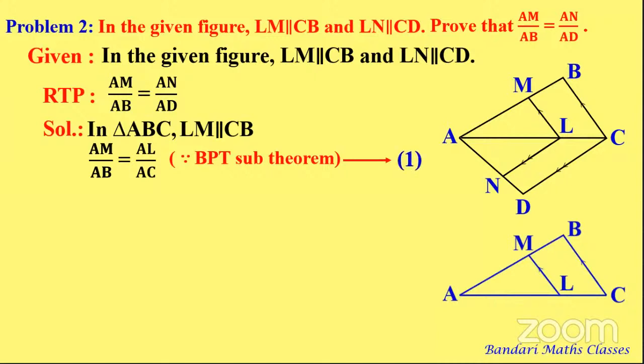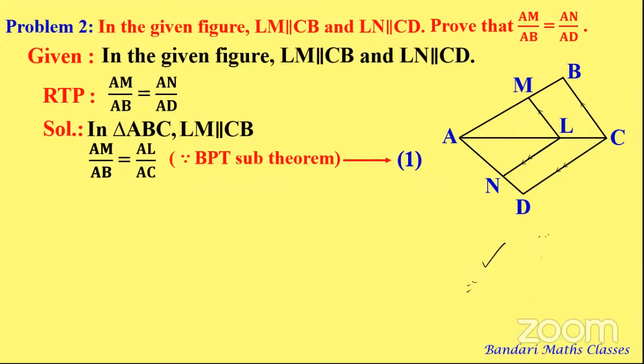Here AM is this and AB is this. This is by the basic proportionality sub-theorem. This is equation number 1.